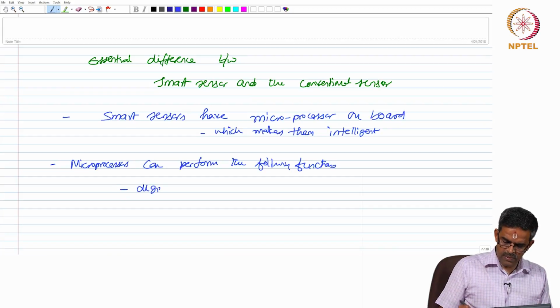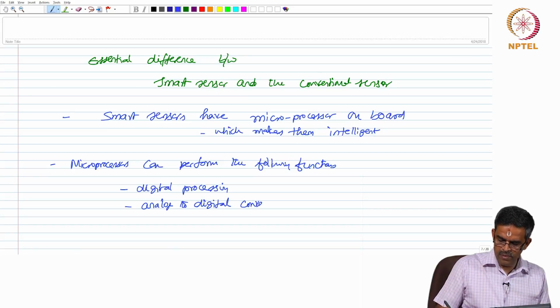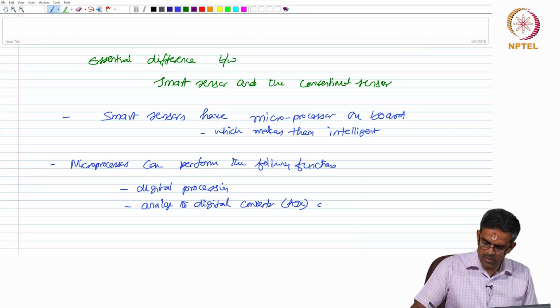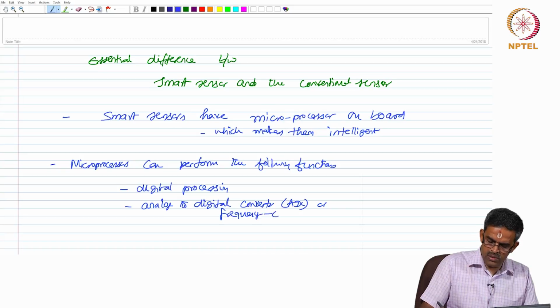digital processing, analog to digital converter, ADC, or frequency code converter.